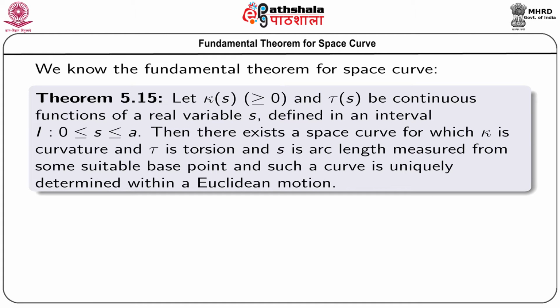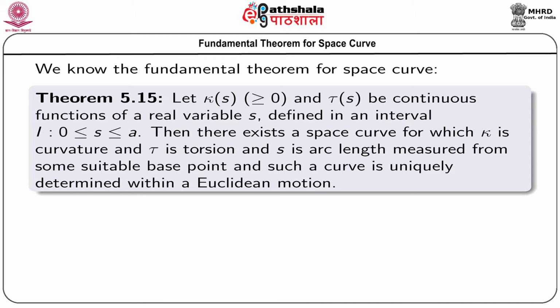Now, let us state the fundamental theorem for space curve. Let kappa(s) and tau(s) be continuous functions of a real variable s, where s is the arc length and it is considered as a parameter for the space curve, and it is defined in an interval 0 ≤ s ≤ a.